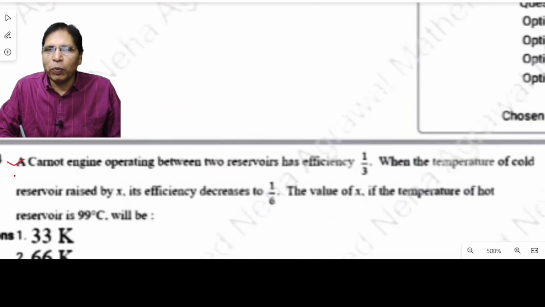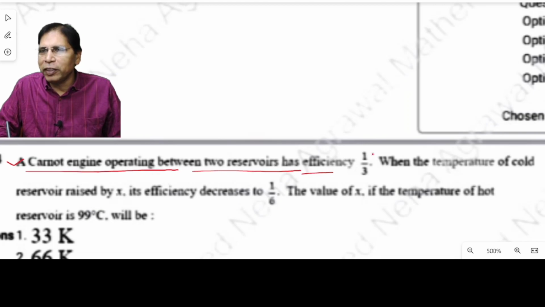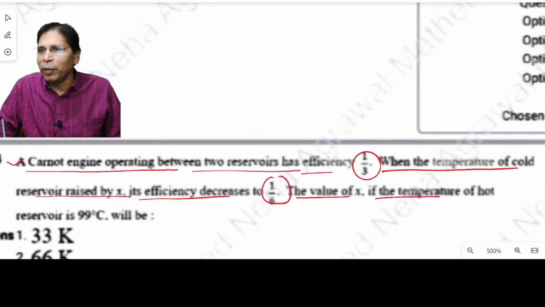Now question number 4. A Carnot engine operating between two reservoirs has efficiency 1/3. When the temperature of the cold reservoir is raised by x, its efficiency decreases to 1/6. The value of x if the temperature of the hot reservoir is 99 degrees Celsius.